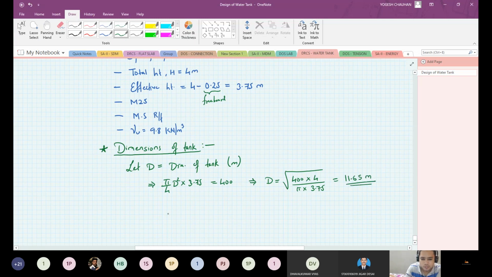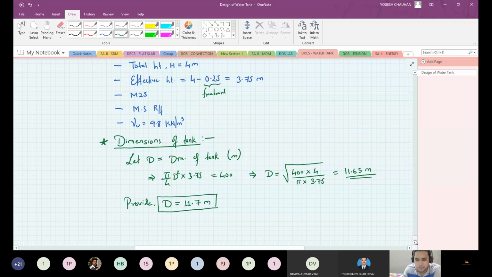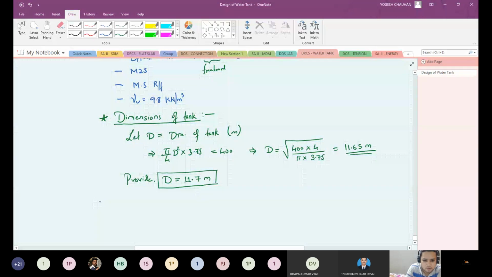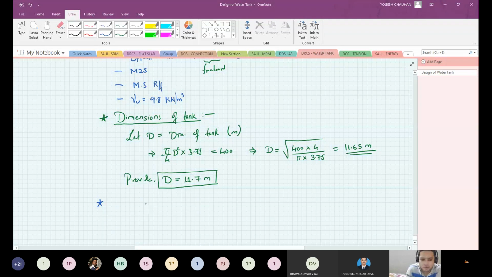Okay, so let us provide D equal to 11.7 meter. So now we have the diameter of the tank, we have the height of the tank as well. So the next step is to determine the hook tension and bending moment.